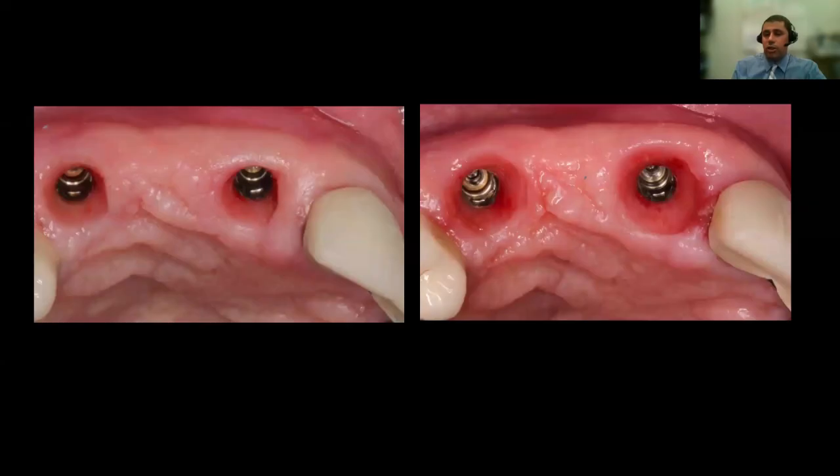You can appreciate the difference in the soft tissue profile between the healing abutment and the provisional restoration. And nowadays, if you don't want to fabricate a provisional restoration, customized healing abutments or healing cuffs are available in multiple contours that you can customize for the patient.